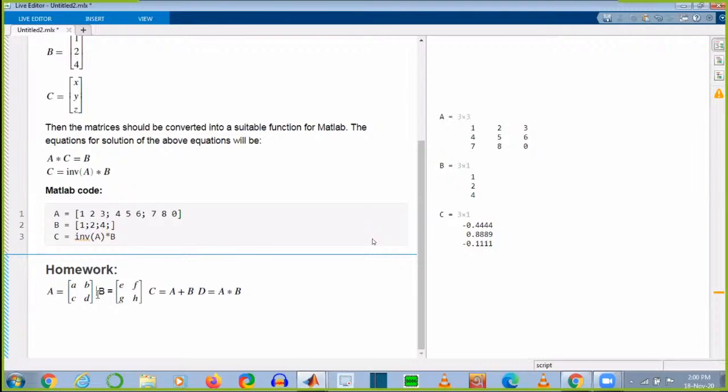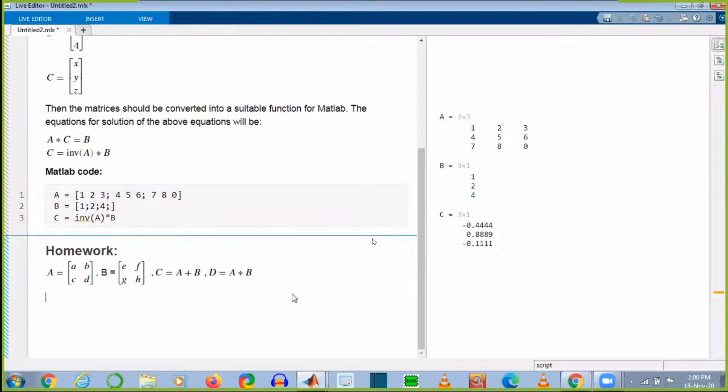So you can put a comma if you want. We have A, B, C, and D. So these are the four matrices. Please find those four matrices.